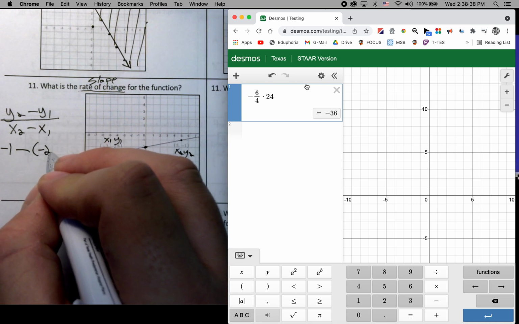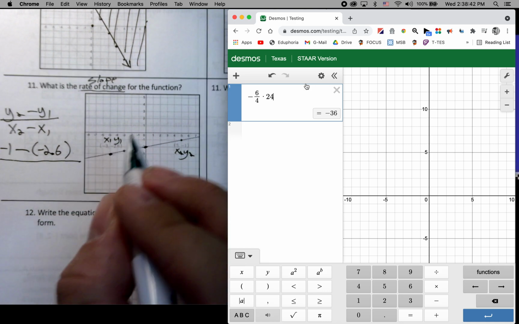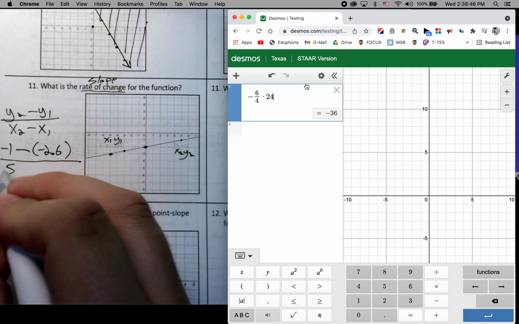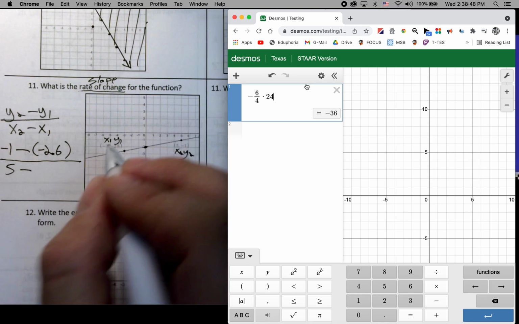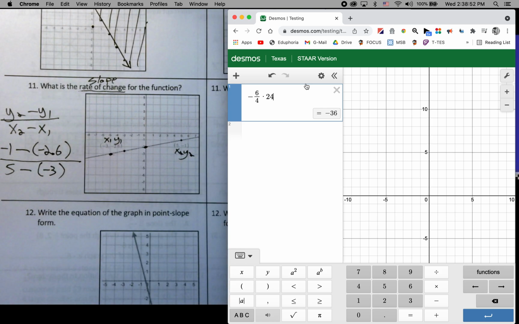Notice I put that negative 2.6 in parentheses. Okay. X2, which is positive 5, minus X1, which is negative 3. Okay. I'm going to type that into Desmos. And I'm going to let Desmos do the math for me. So I'm going to hit divide. Okay.